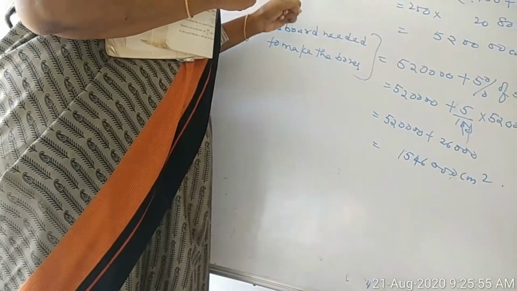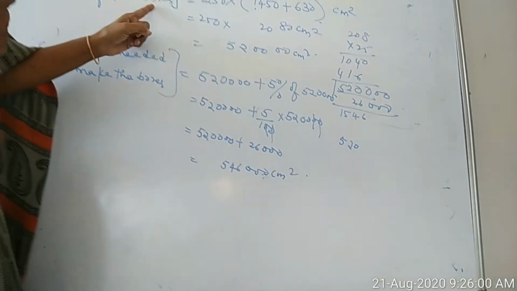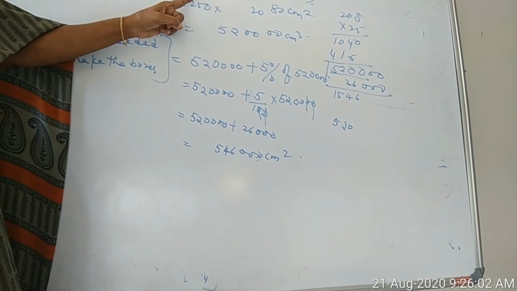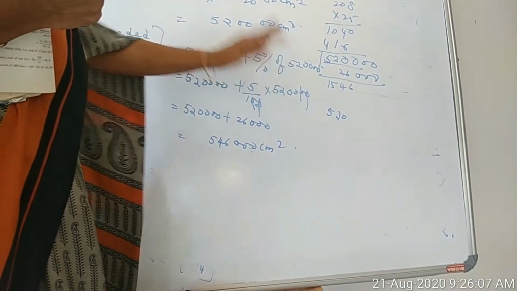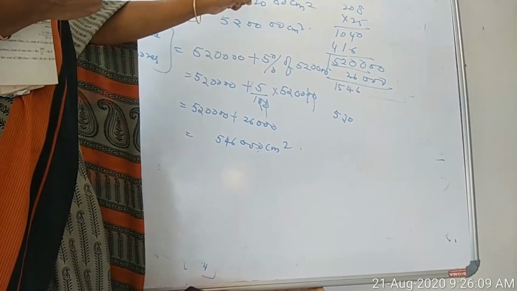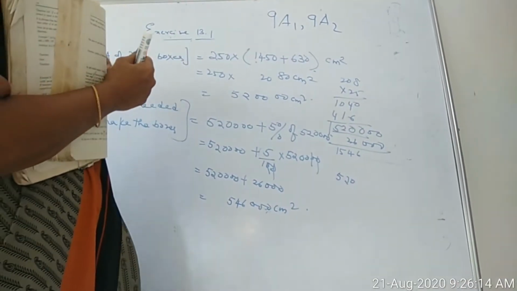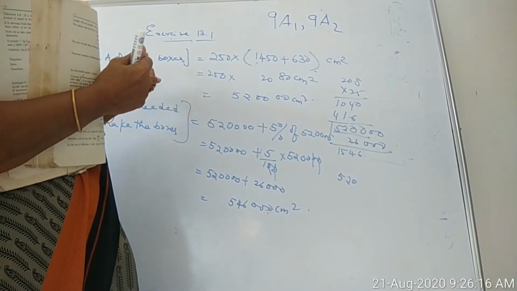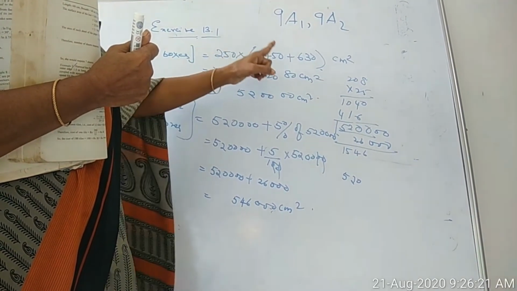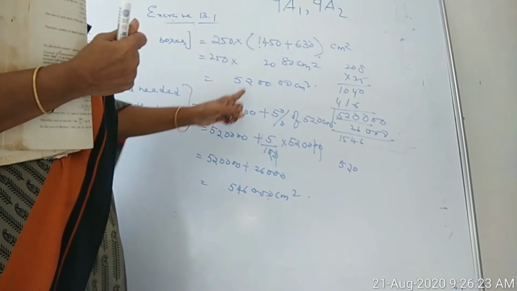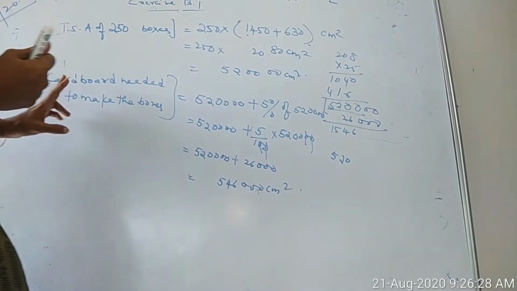The shop requires 250 big boxes and 250 small boxes, giving 5% wastage extra. So without confusion, find the TSA of one big box, find the TSA of one small box, and if you want to find the TSA of 250 boxes, 250 into the TSA of the big plus small, which is this number, 5,20,000 centimeters square.